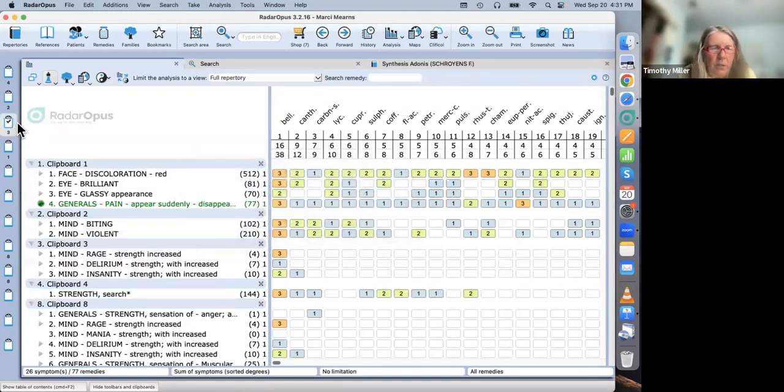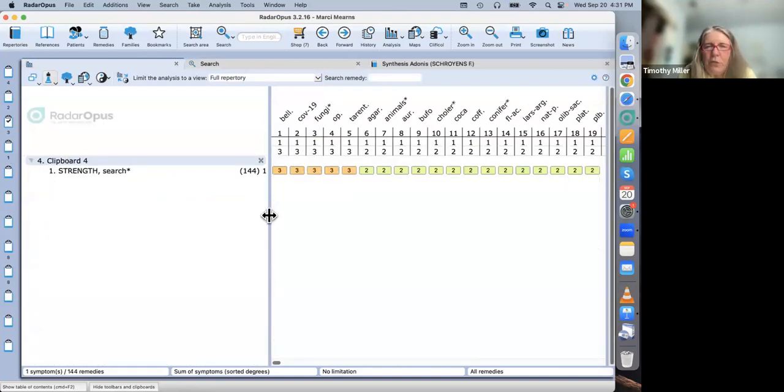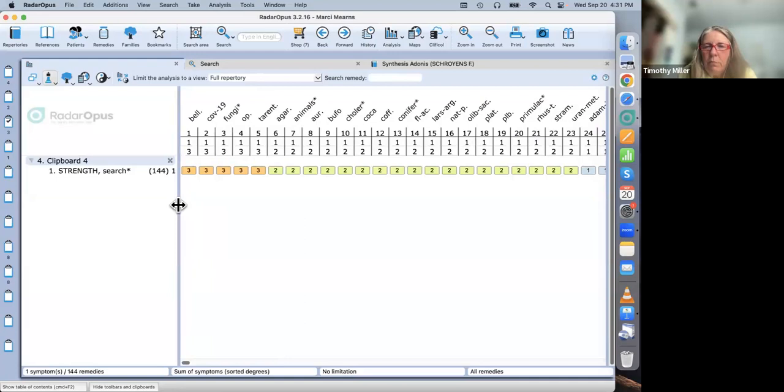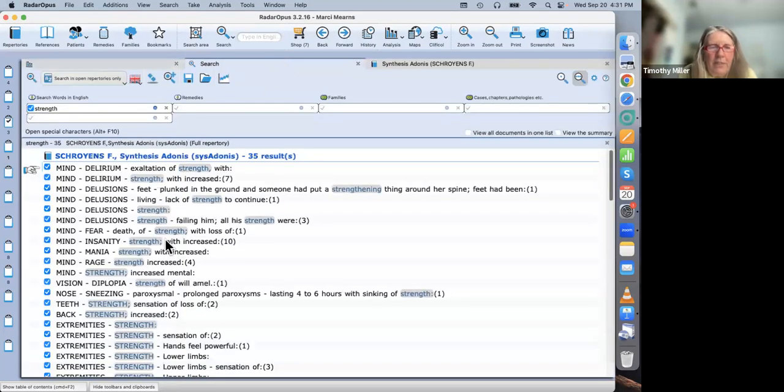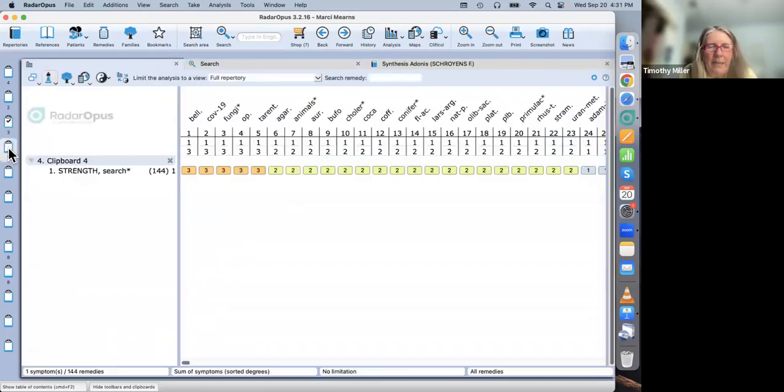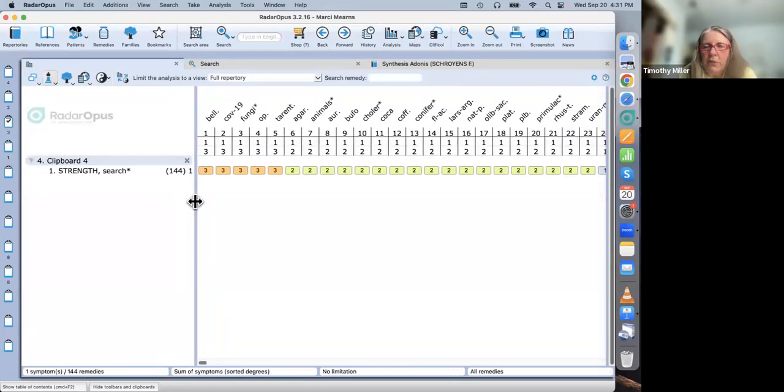So this on clipboard number 4, there's the search, there's the results of that search. They took everything and they combined them. It's sort of a double step thing for you. They combined them into something called strength. How useful is that? I've used it at times.